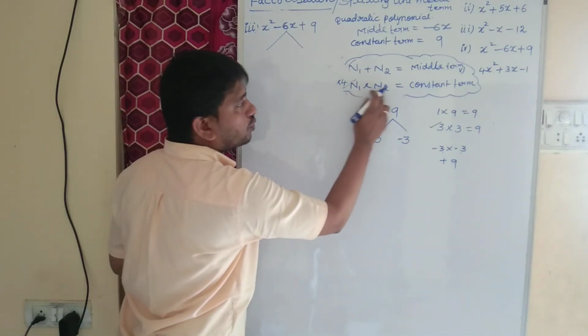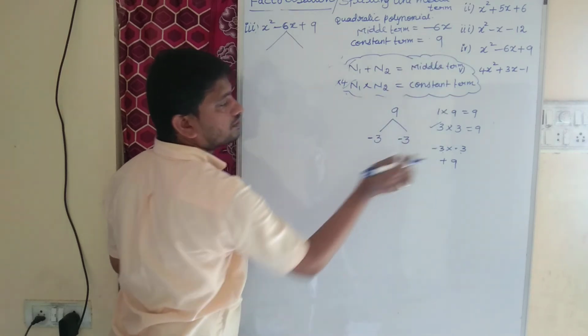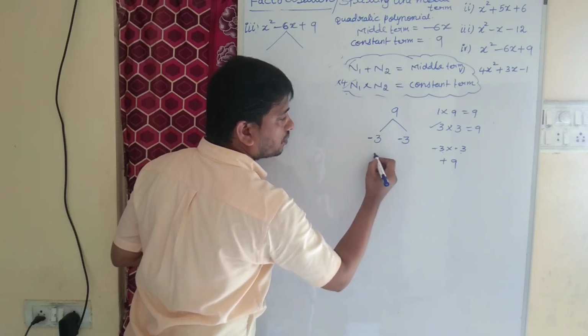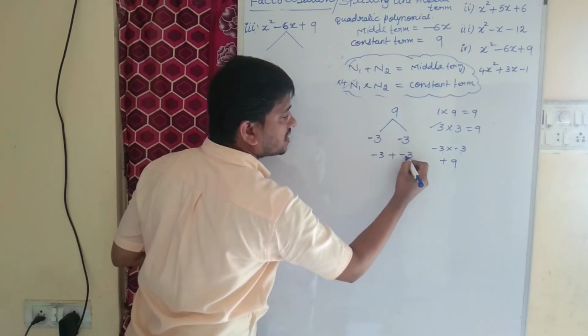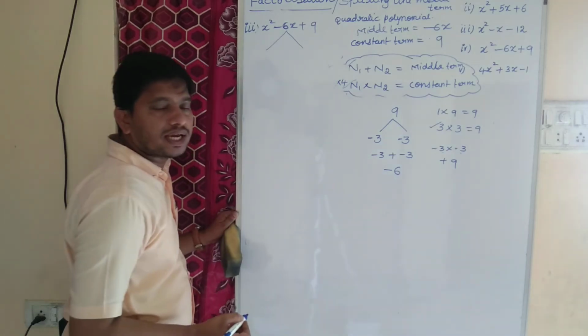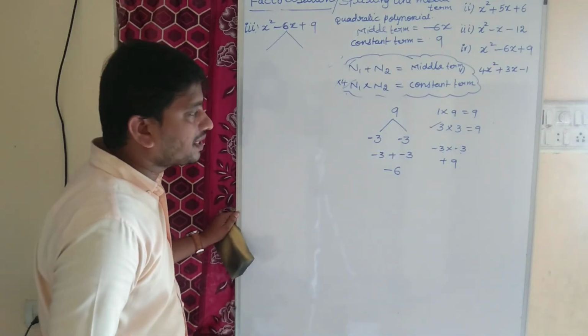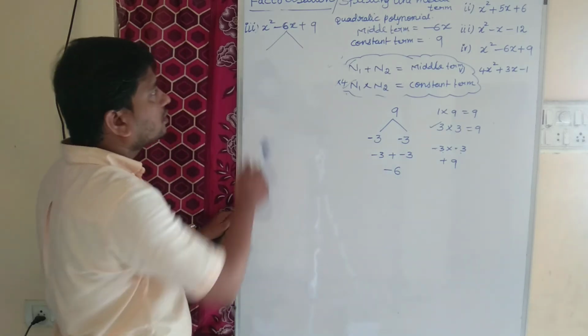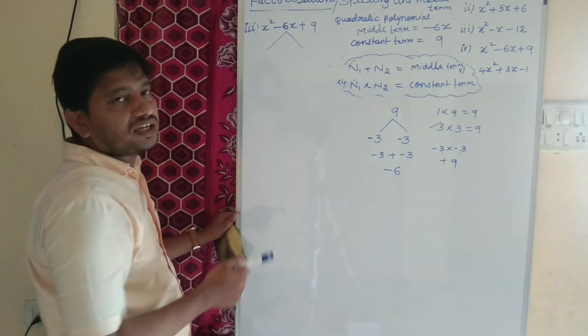I mean the product of the two numbers is the constant term. Now if I add these two numbers, minus 3 plus minus 3, is equal to how much? Both have the same signs, so we add 3 plus 3, 6. The sign we have is minus, so minus 6. We are getting minus 6. That is the middle term only.